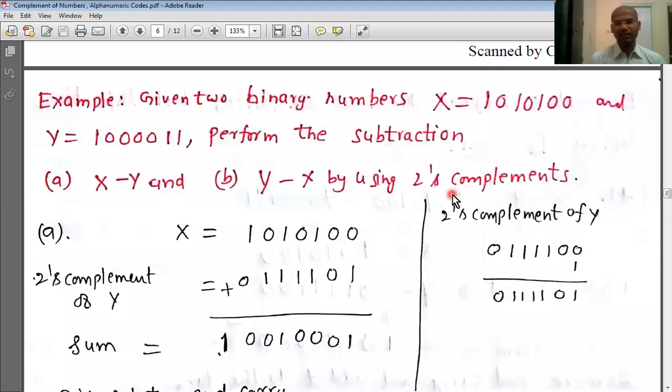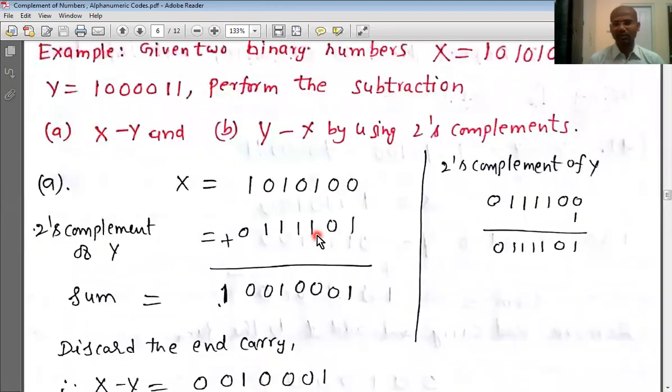Subtraction can be done either in 2's complement or in 1's complement also, but here he has asked to do it in 2's complement. Whether it is the binary system, hexadecimal system or decimal system, we follow the same procedure.